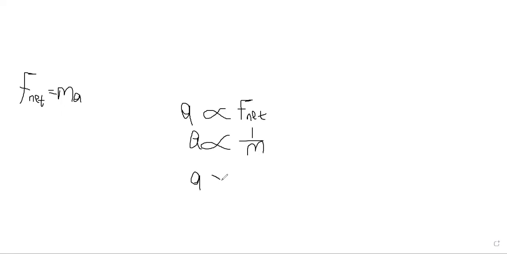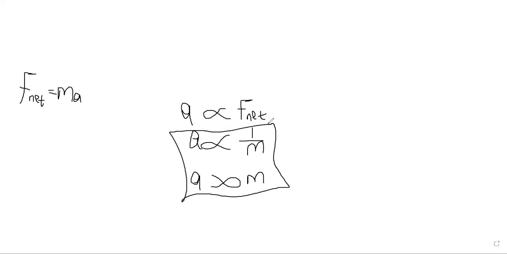The problem is that the sign gets harder to draw when it's inversely proportional. So these indicate that these two things are inversely proportional, and this one indicates that these two things are directly proportional.